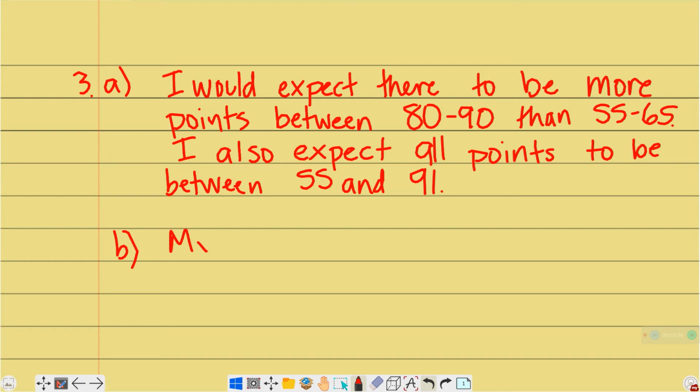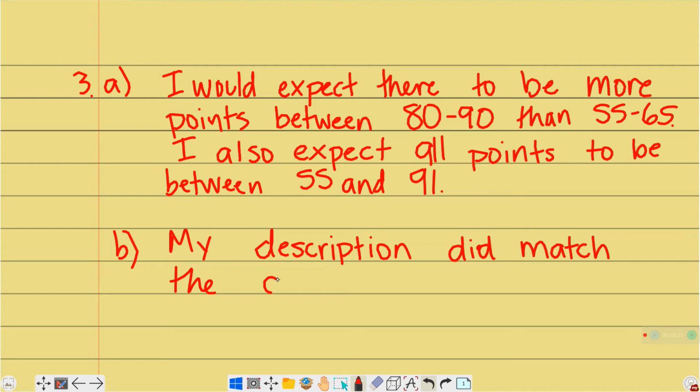My description did match the dot plot for the sample of 10 pretty closely.